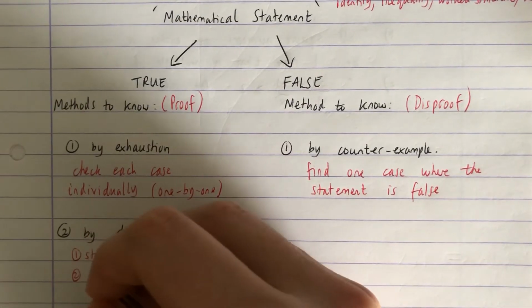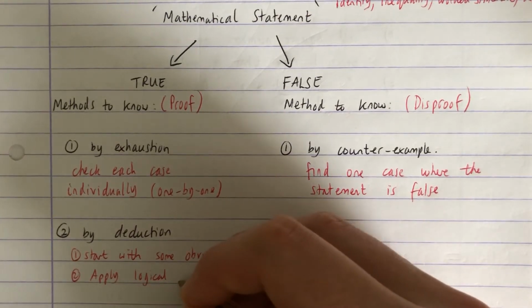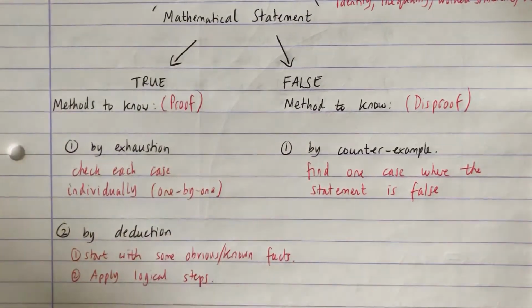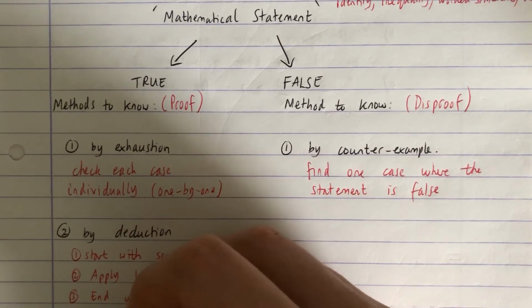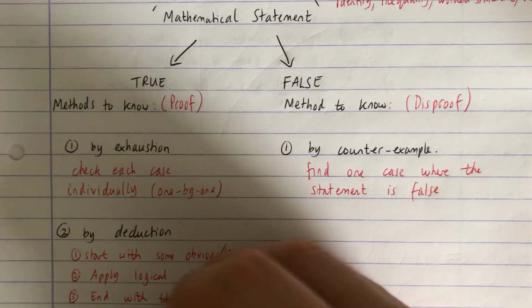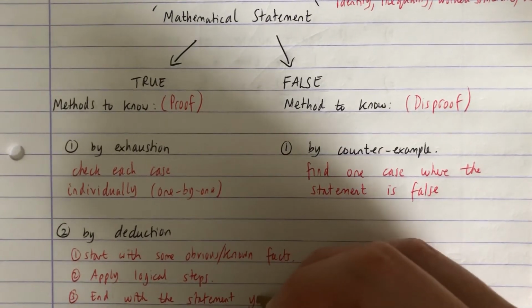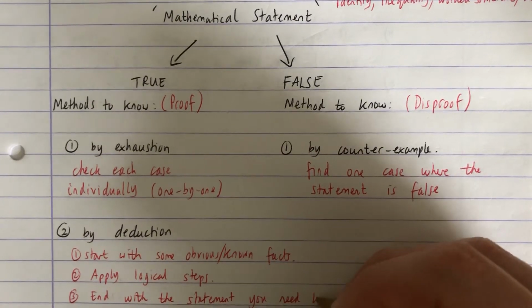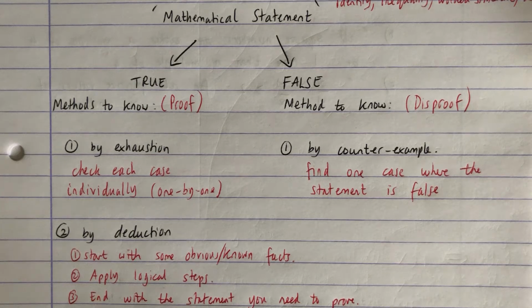Then you apply logical steps, and then the third thing is you end up with the statement you want to prove. So this type of logic would work for an identity, for an inequality, for worded statements. So this is the main type of proof you need to know.